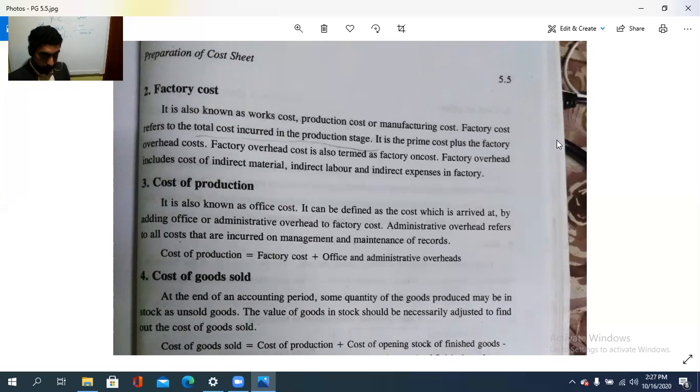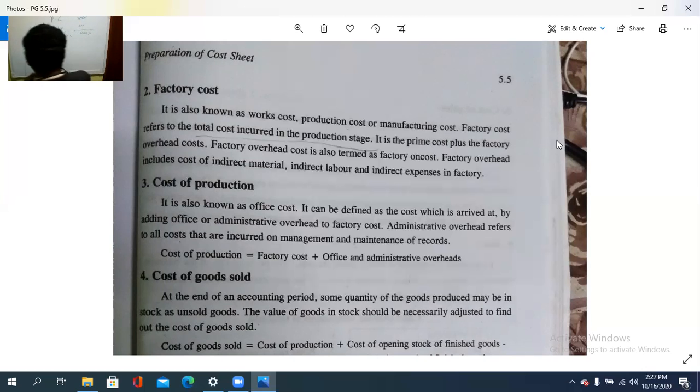Next, the cost of production. What is that? Office and administration overhead need to be added. It is also known as the office cost. Cost of production means wherever there are office-related expenses, that is the administrative cost. It can be defined as the cost which is arrived at by adding the office or administrative overhead to factory cost.